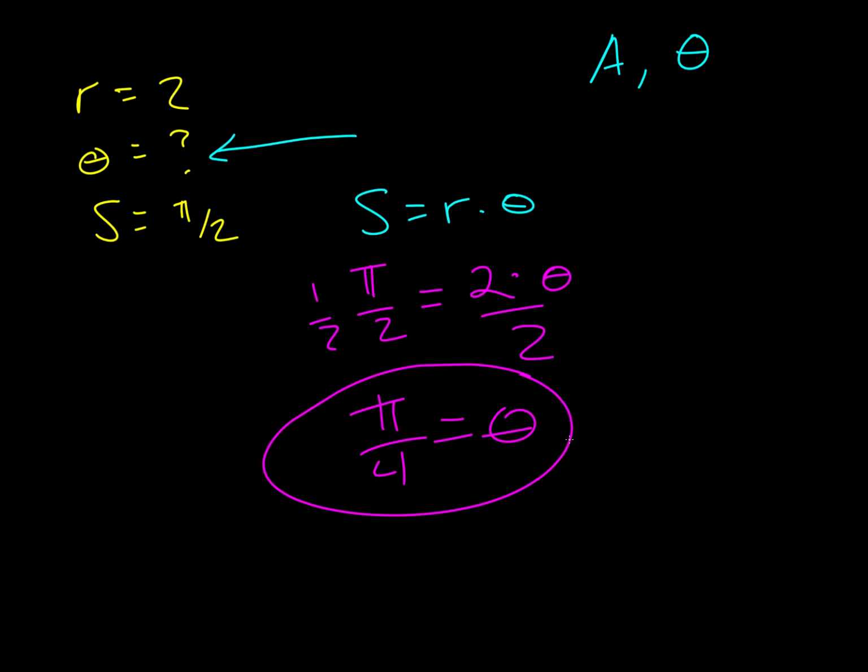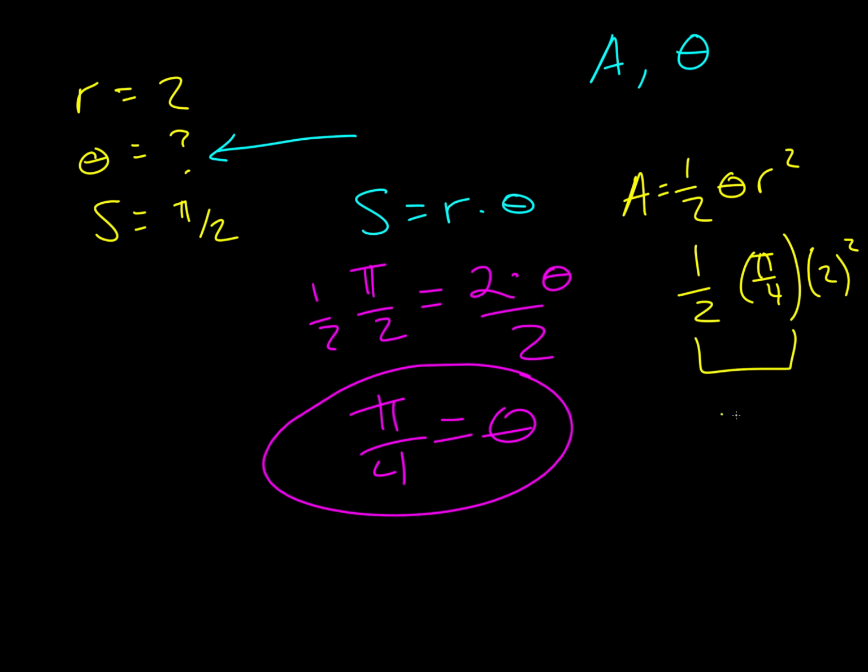Then we're going to use that in the area equation, which is A equals 1/2 theta r squared. So we get 1/2 times our theta, which is pi fourths, times our radius, which is 2, and we square that. So we multiply these two together, we get pi over 6.